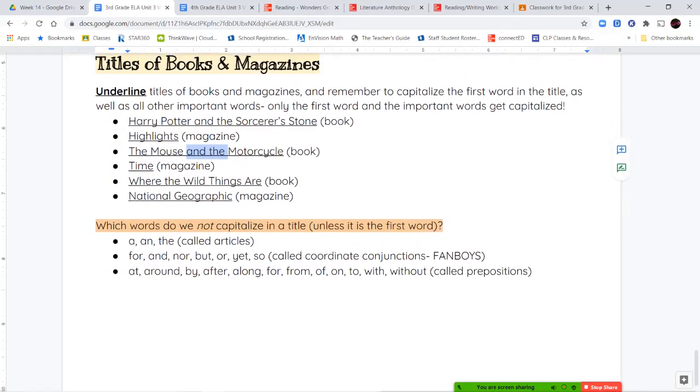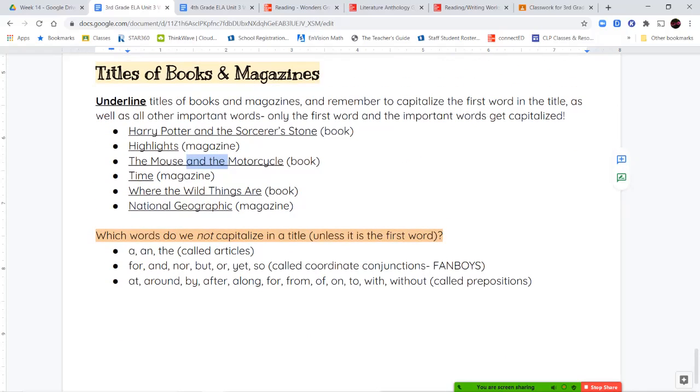Now, if you want to know which words we do not capitalize in a title, of course, unless they're the first word, I listed them below. So we have the words a, an, and the. These are called articles. So we're going to learn more about these later, but it's something to keep in the back of your head. So the things that we don't capitalize are articles, coordinating conjunctions, and prepositions. And I gave you examples of all of these.